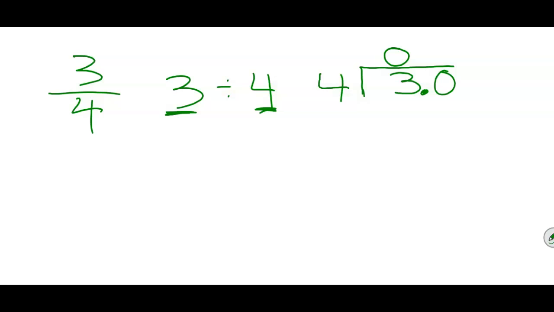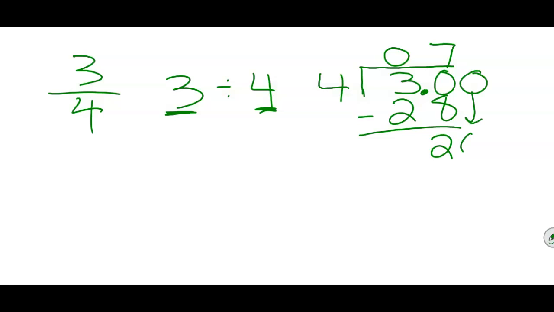Wait, no. Oh, 7 times. 7 times 4 is 28. We subtract. We get 2. We're not doing remainders, so we have to add another 0. Bring it down. 4 goes into 20. Skylar? 5 times. What do we do with our decimal point? It goes straight up.